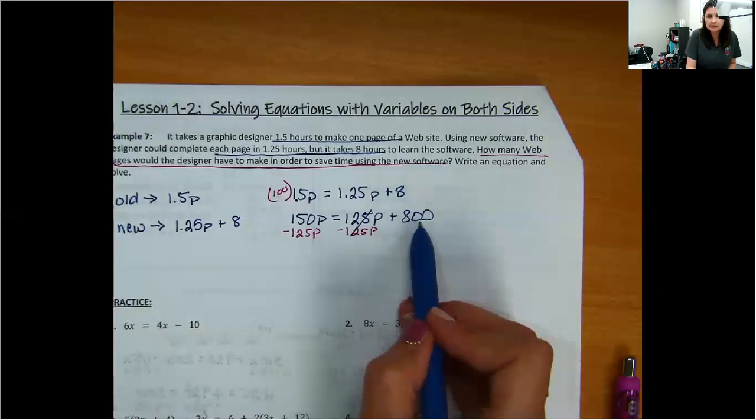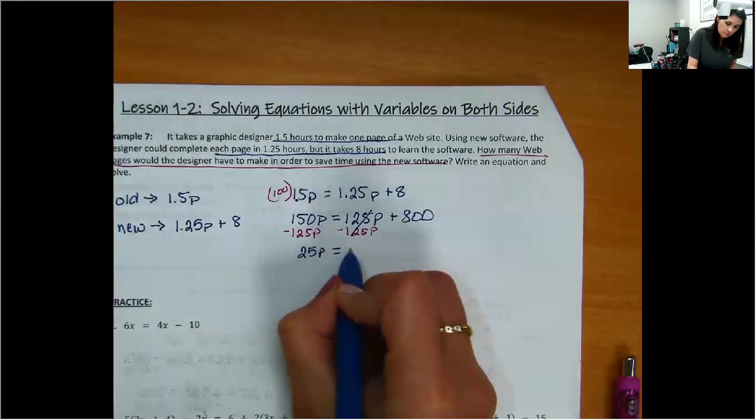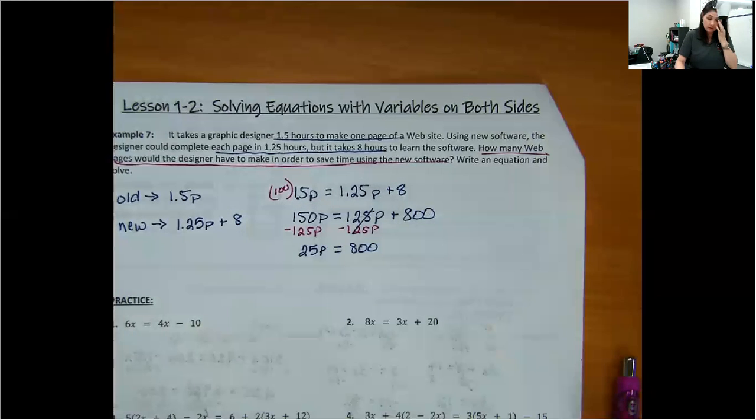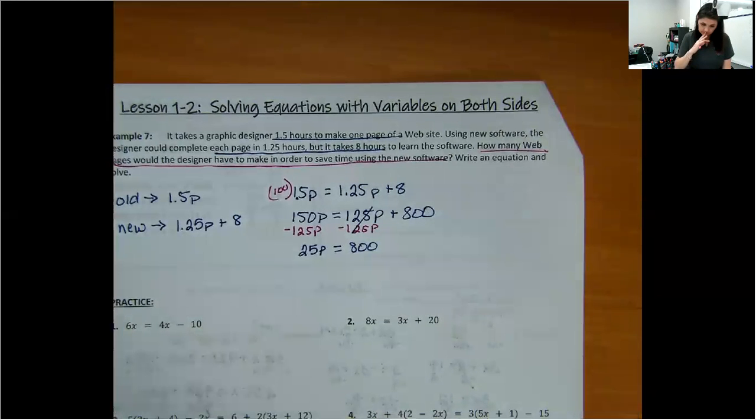So it would take you 800 hours plus 125 hours to equal 1 page, right? Right. So then we divide by 25.